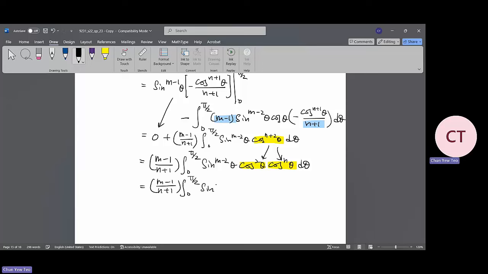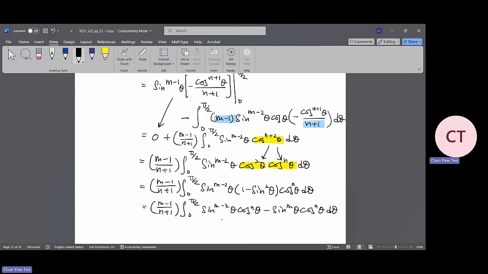So this one will become 1 minus sine square theta, cos power n theta d theta. If we continue to expand them, you will see that it will become sine power m minus 2 theta cos power n theta minus sine power m theta cos power n theta d theta.